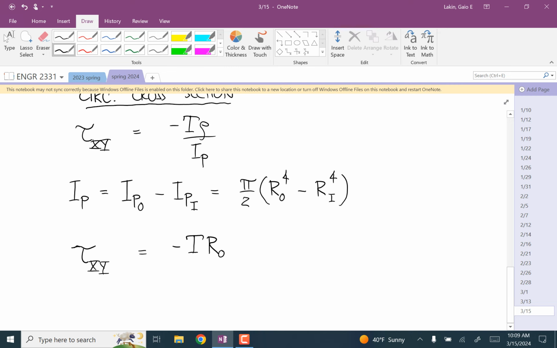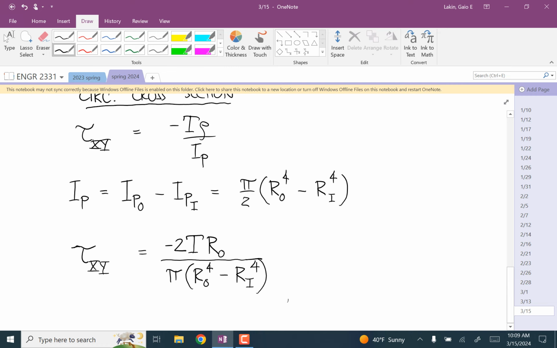Since dividing is the same thing as multiplying by the reciprocal, the 2 is going to be in the numerator. And in the denominator, we have pi times r outer to the fourth minus r inner to the fourth.